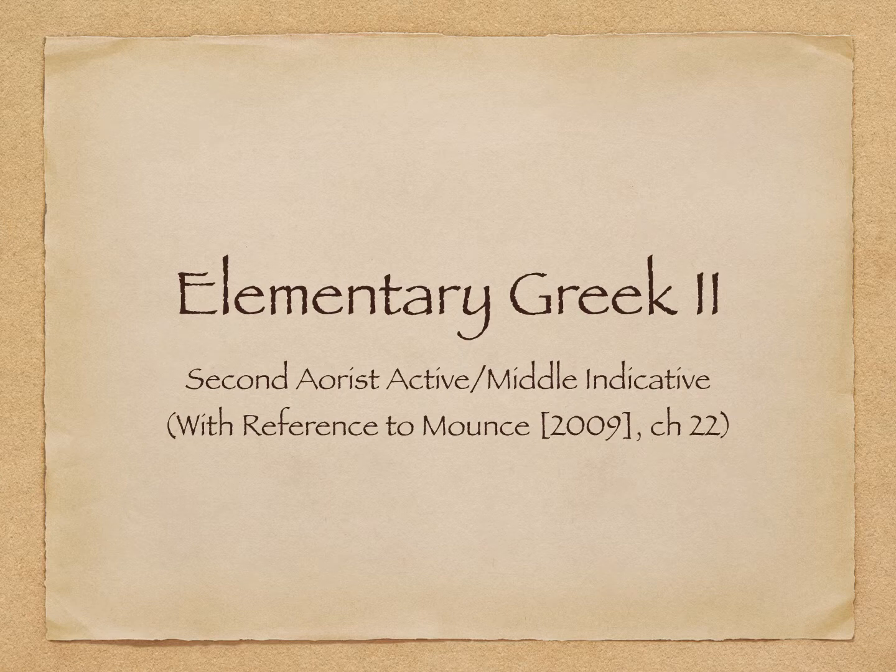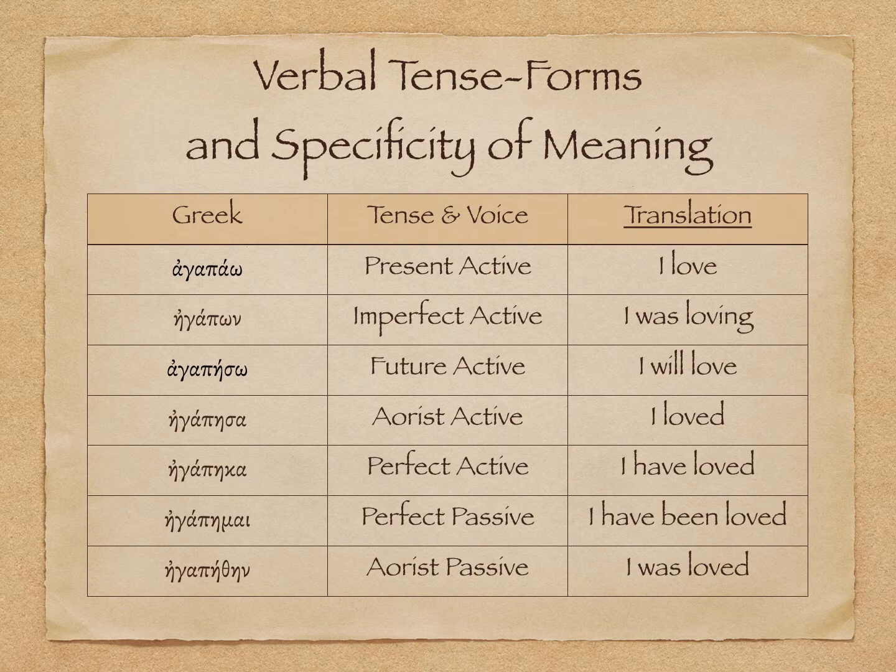It gives it a softer sound. So second aorist, and we are thinking here about the specificity of verbal tense forms. You've seen this before, but present, active, imperfect, future, and now the aorist. There are two types of aorist: the second aorist we're looking at now, and then the first aorist in the next chapter.